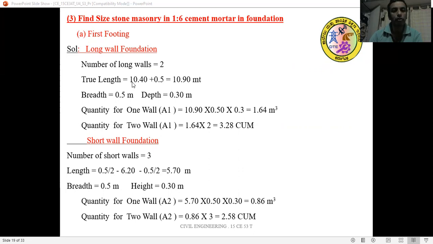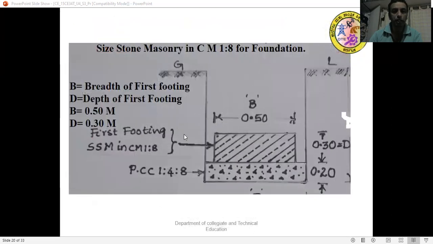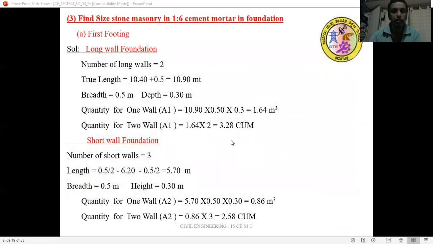True length for the long wall is equal to the center to center length of the long wall, that is 10.4, plus the breadth of the first footing. In this picture, this is the first footing. The breadth of the first footing is equal to 0.5 meter. Depth of the first footing is equal to 0.3 meter. Total true length of the long wall is equal to 10.9 meter.